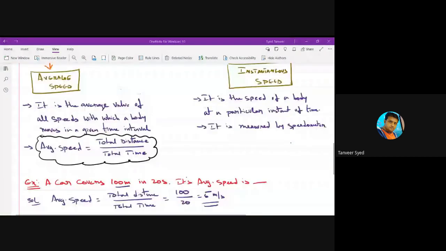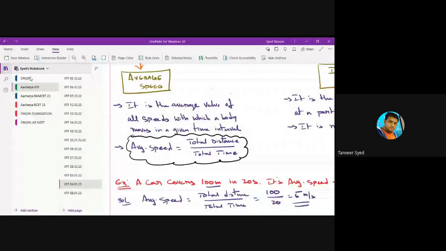Now, we have to discuss this average speed in detail, and how to calculate average speed in different situations.